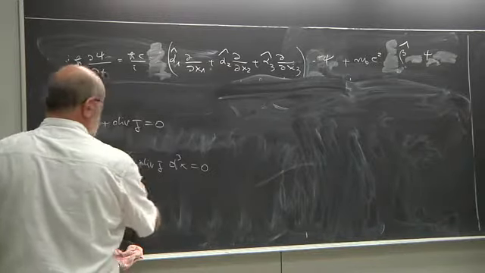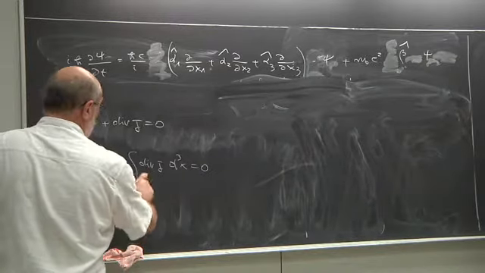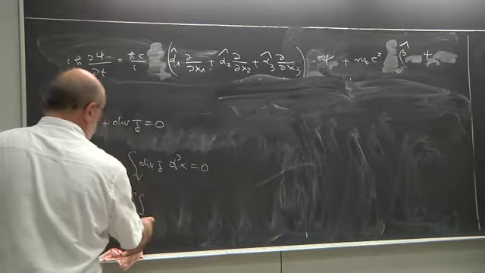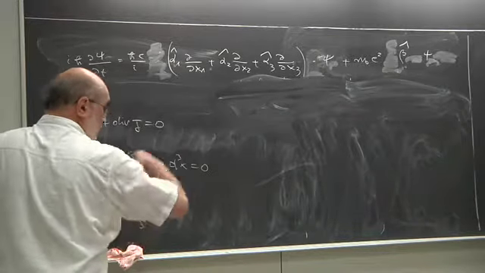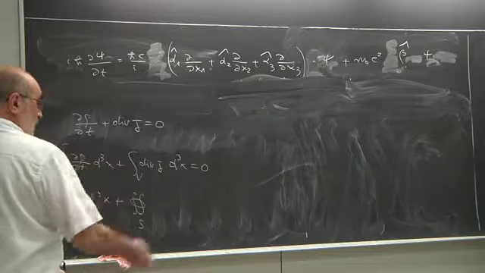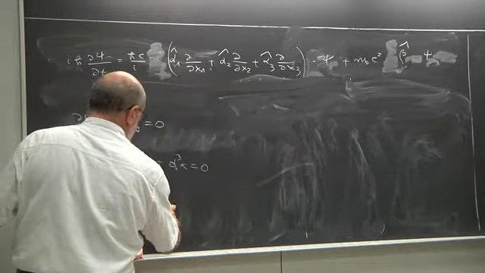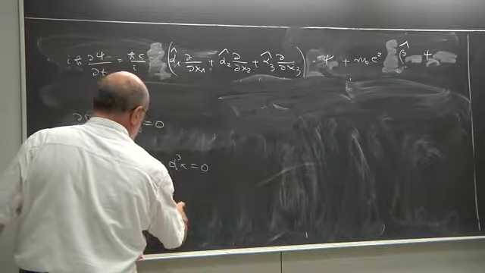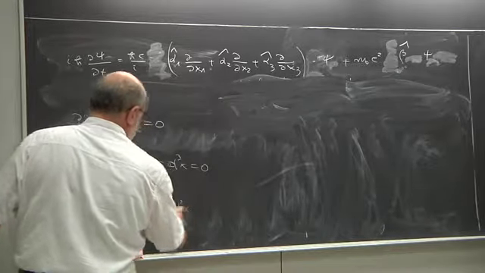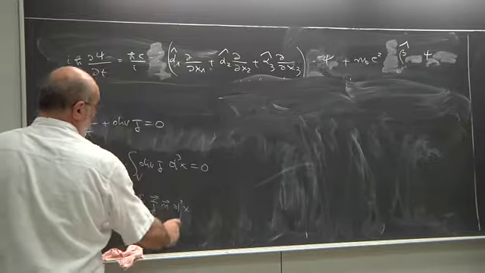And for this one, you use the Green theorem, and instead of a volume integration, you have a surface integration over the surface that surrounds the volume, and you have j times n, where n is a vector perpendicular to the surface.